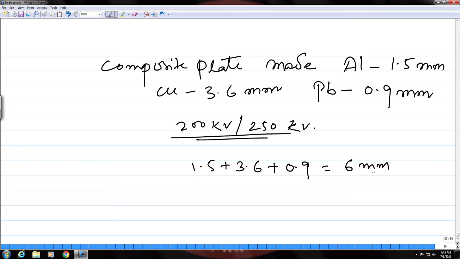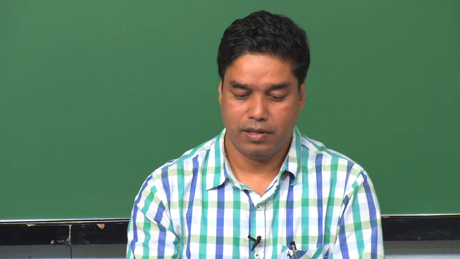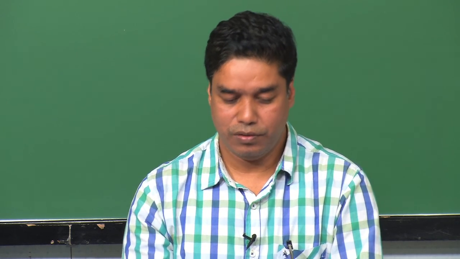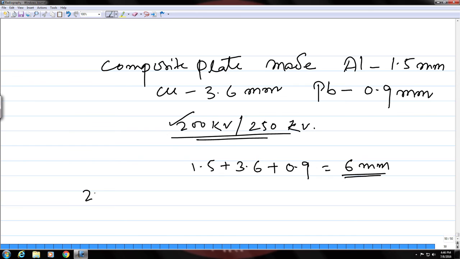Okay. So, this 6 mm thickness of this material has to be converted into an equivalent steel thickness for a given X-ray energy or tube voltage. And we have already seen what are the different conversion factors for these 3 materials at a particular tube voltage, let us say 200 kV.